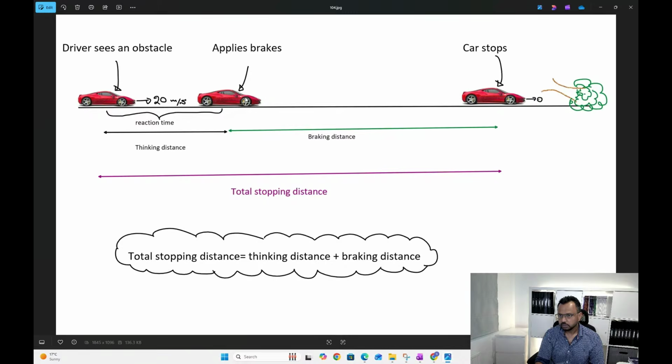Then the driver applies the brakes, but you can't stop the car just like that on the spot. The car will slow down and slow down and comes to a stop there. We call this green arrow distance the braking distance.